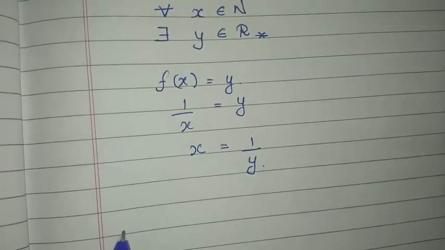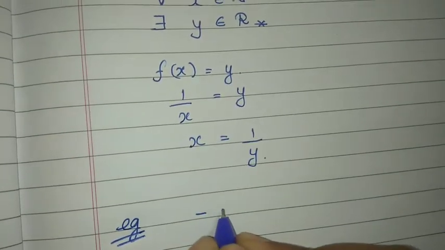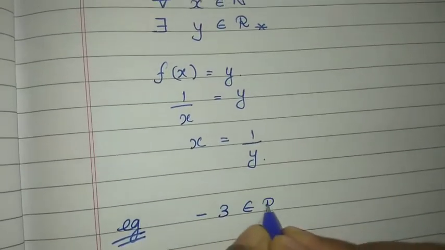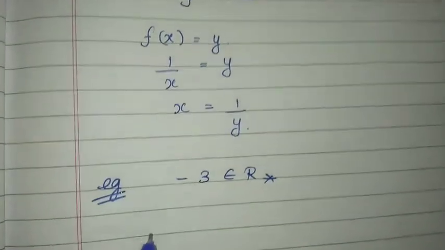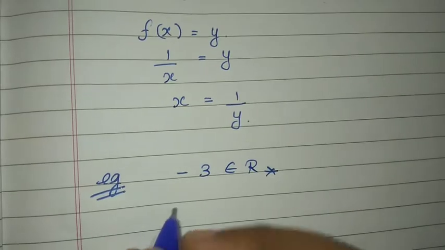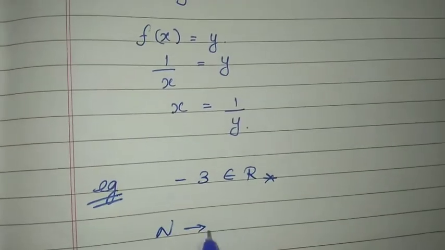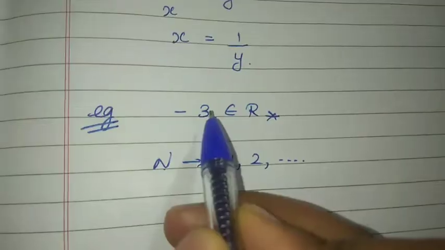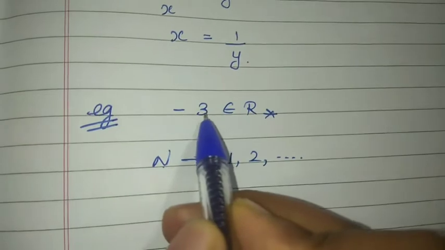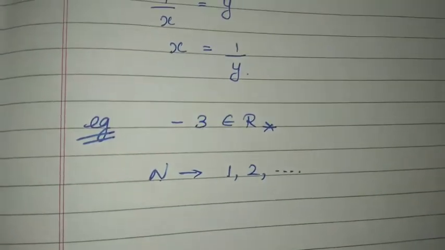But for example, if we take minus 3, it belongs to R star, isn't it? But what is our domain? Natural numbers. Natural numbers means it starts from 1, 2, 3, etc. only. In the codomain I have minus 3, but in the range I will not get minus 3.